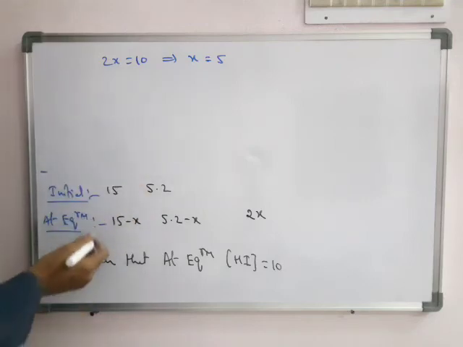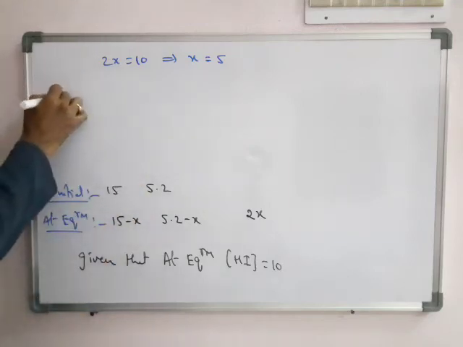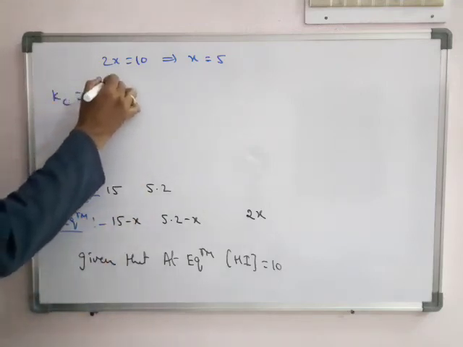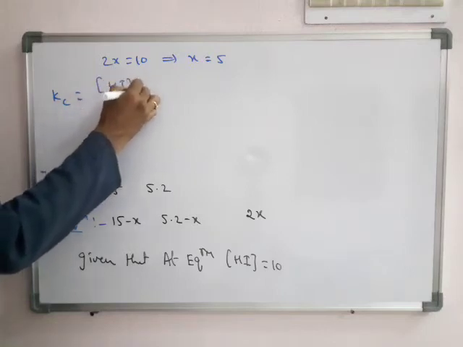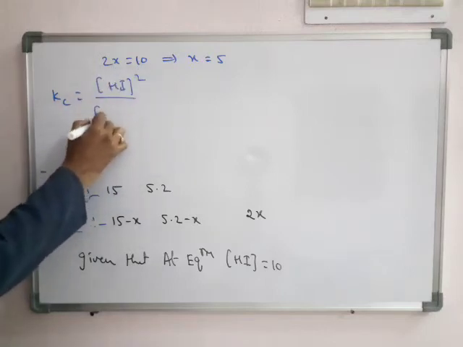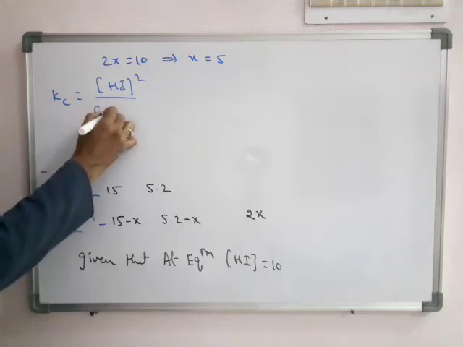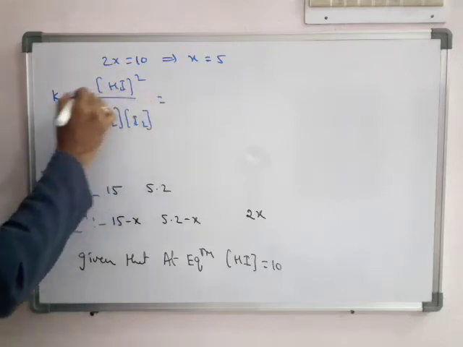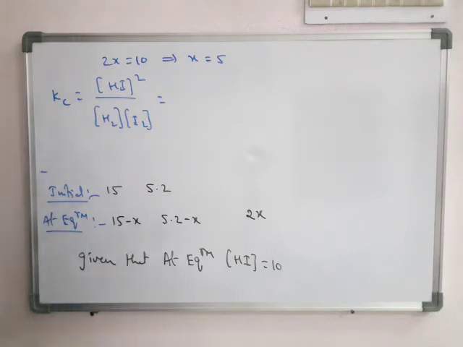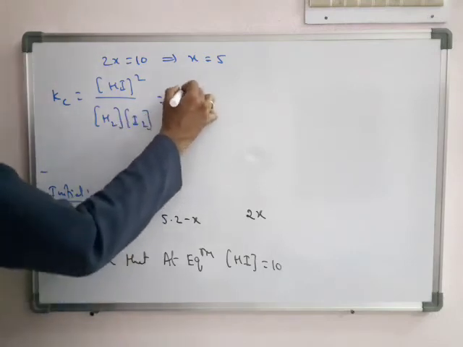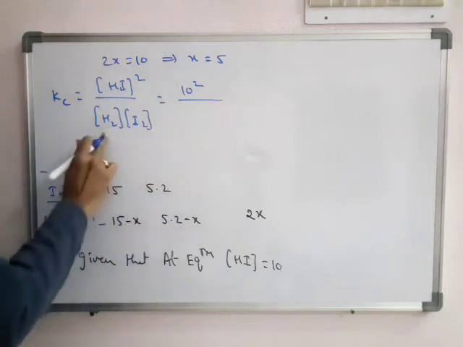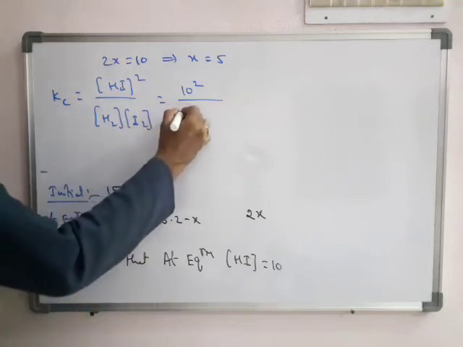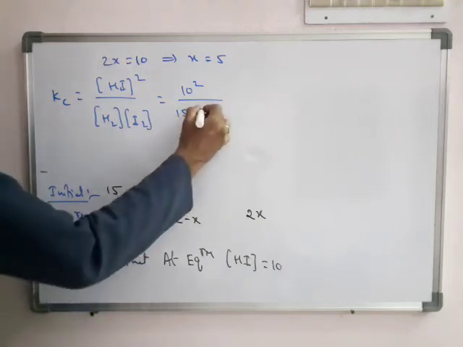So now substitute here. So what is the Kc? Kc value, we know the HI square by H2 and I2, all are powers 1 only. So what is the HI? It is given exactly 10, no problem, 10 square. By what is H2 concentration? H2 concentration is 15 minus 5.